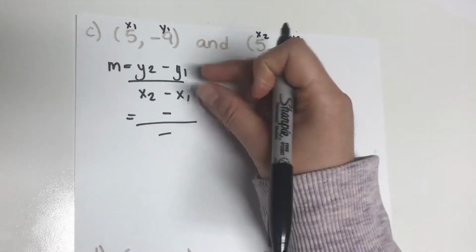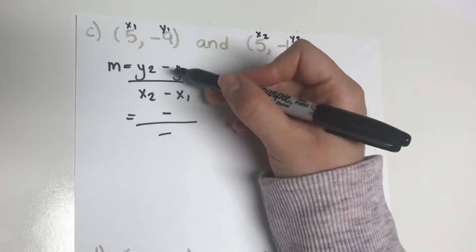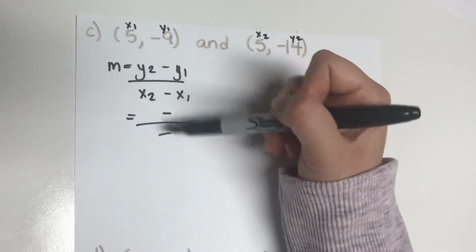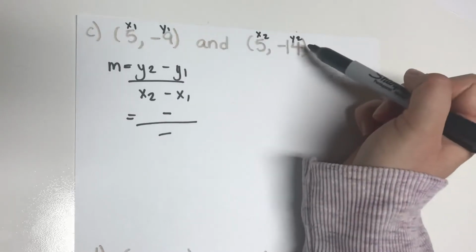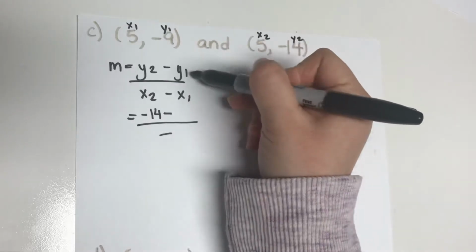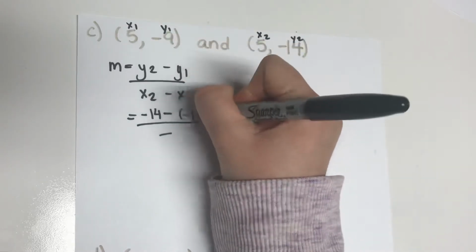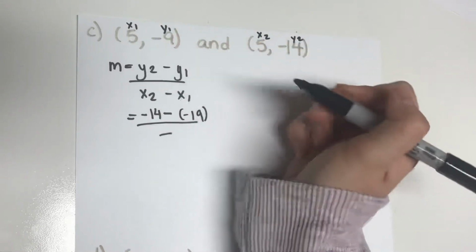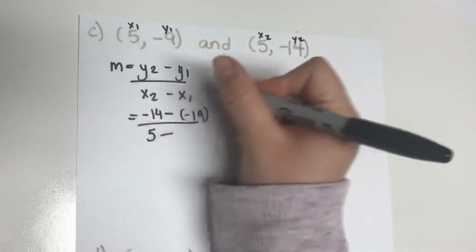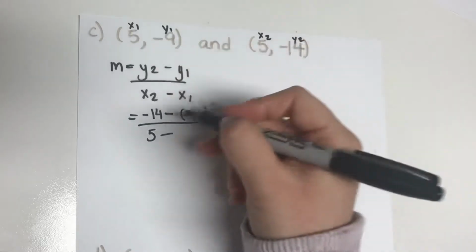Also, pay attention to the fact that the y is on the numerator and the x is in the denominator. That's another common error. Now I'm going to make my substitution. y2 was negative 14, and y1 was negative 9. x2 was 5, and x1 is 5.